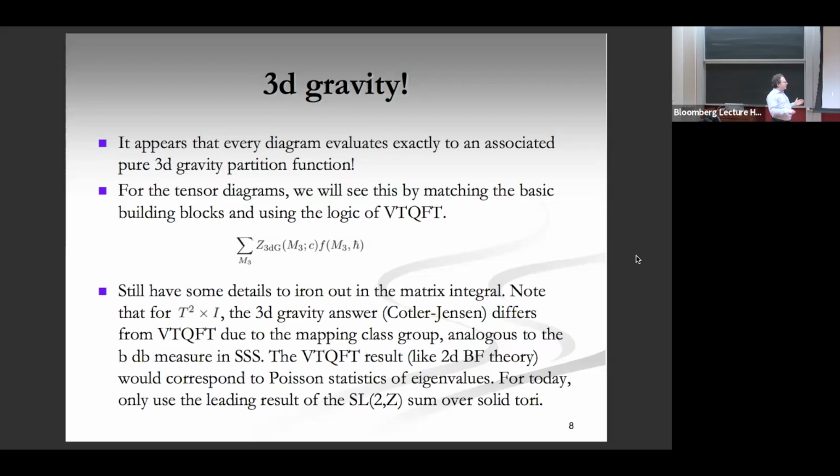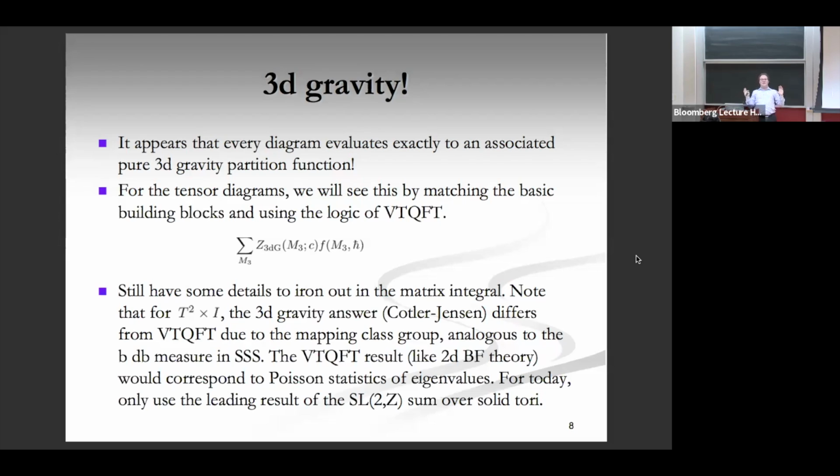I'll just point out that the Virasoro TQFT result, like the 2D BF theory result, is just a delta function in energies. That's natural because anything times an interval is just the inner product of the Hilbert space from the point of view of the TQFT, so it has to give a delta function. That would correspond to Poisson statistics of the eigenvalues. It would say there's no finite range eigenvalue interaction at all, because the correlation function is a delta function.